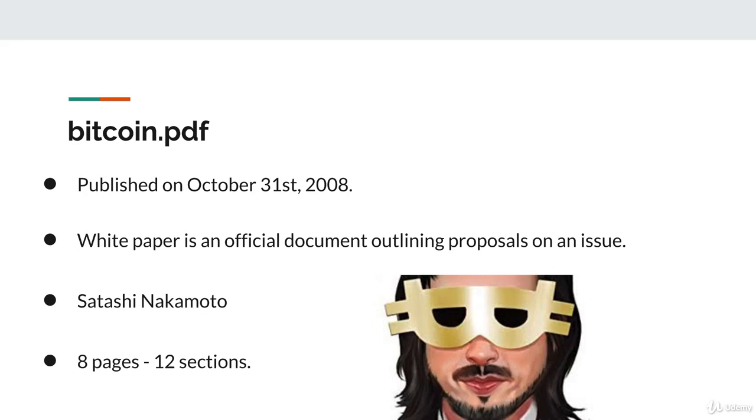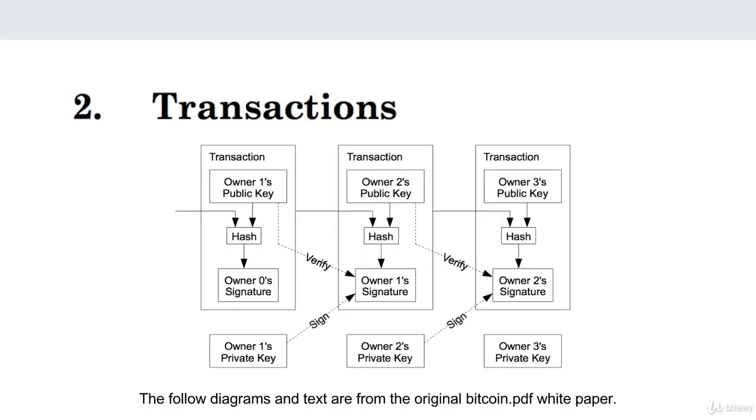In the upcoming slides, note that the diagrams and textual excerpts come from that Bitcoin white paper and those sections. After the first intro section, we have a section on transactions. In this section, Nakamoto explains the need for individuals to sign their transactions with their unique signatures using private keys.